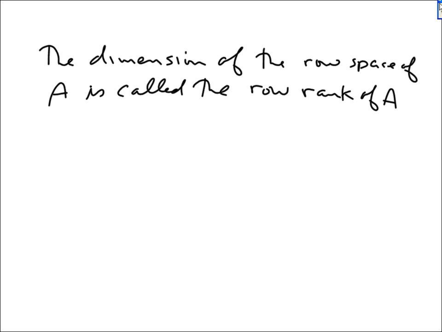Likewise, the dimension of the column space of A is called the column rank of A. So either you read everything that's in brackets or you don't.